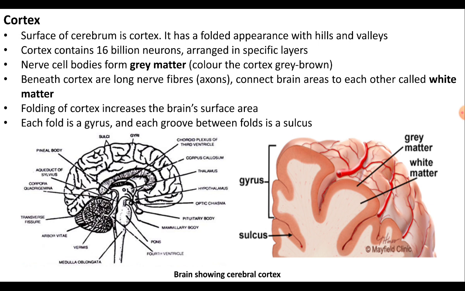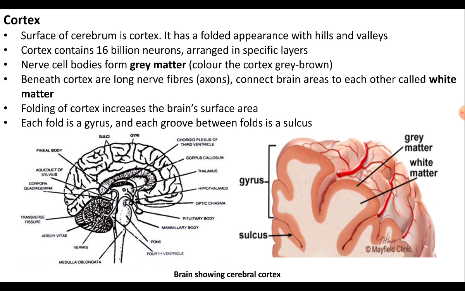Just beneath the cortex, it consists of long nerve fibers, that is the axons of the nerve cells, which form the white matter, and it plays a major role in connecting the different areas of the brain. The increased surface area of the cortex is thrown into a number of foldings, which give rise to the gyrus and the sulcus.